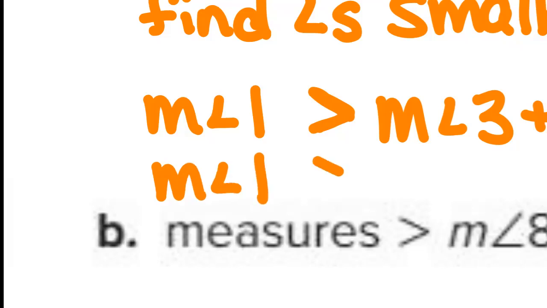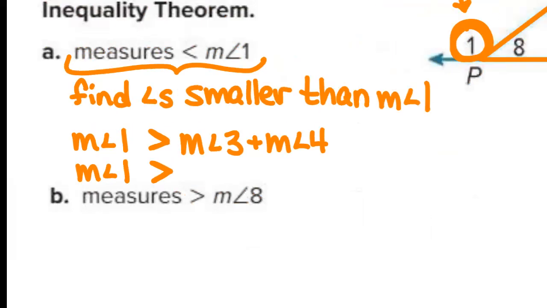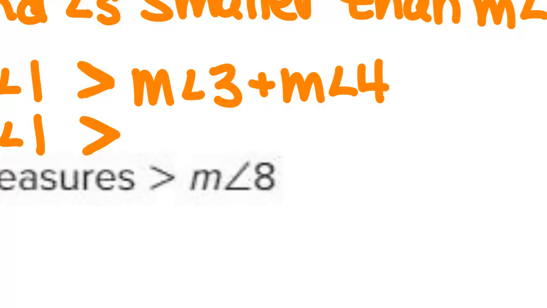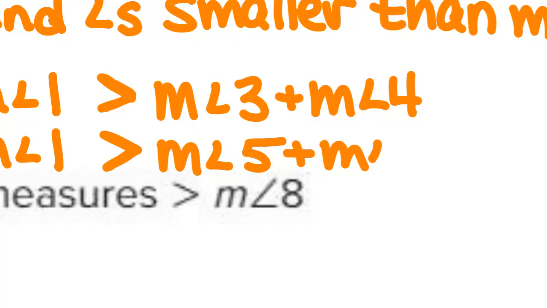There's another remote interior angle, and it's made up of these two angles put together. So that means that angle 1 is bigger than what? Yes, measure of angle 5 plus the measure of angle 6.